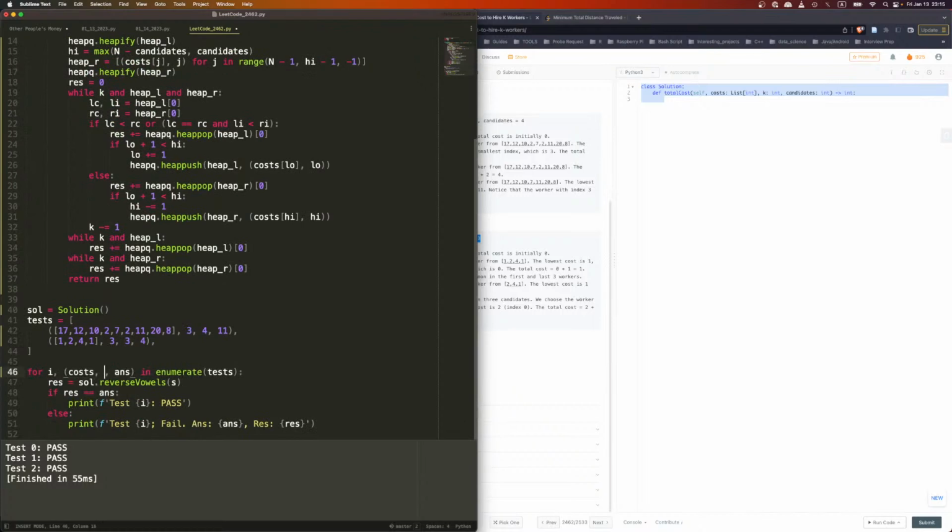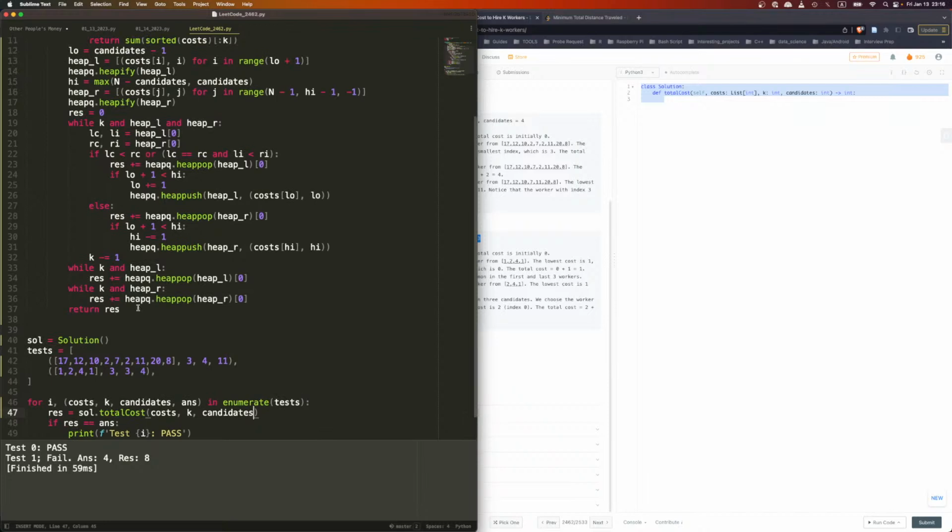Costs, okay. Candidates, total cost. Ooh, the second one is not right. I think we're overcounting. But how is that possible?